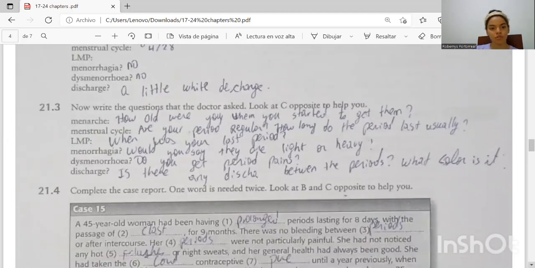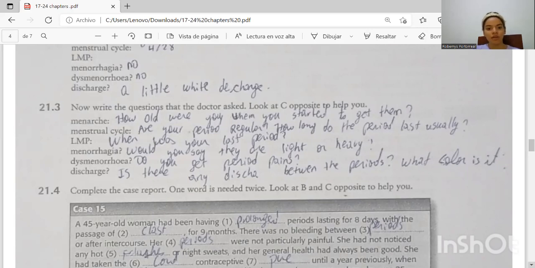Exercise 21.3. Now read these questions that the doctor asked. Look at C opposite to help you. Menarche: how old were you when you started to get them? Menstrual cycle: are your periods regular? How long do the periods last usually?